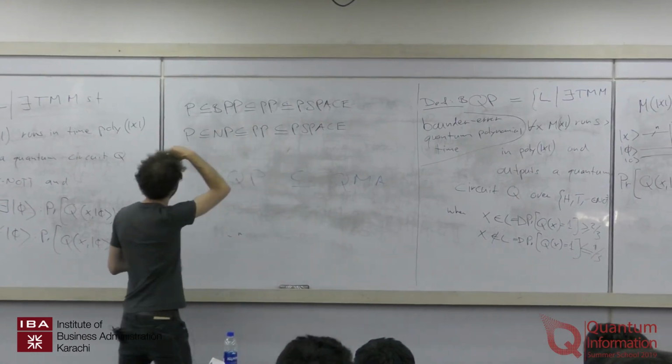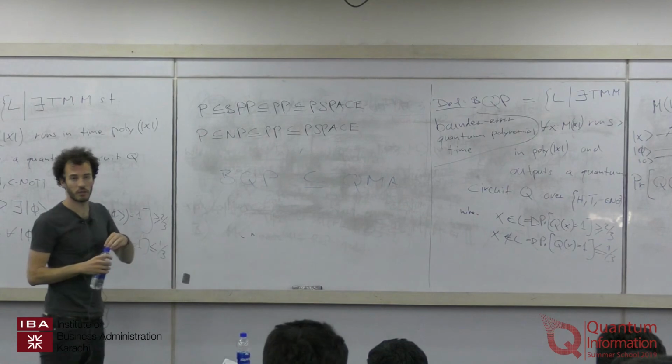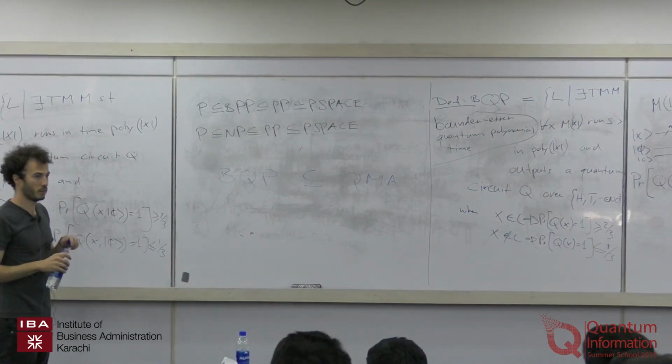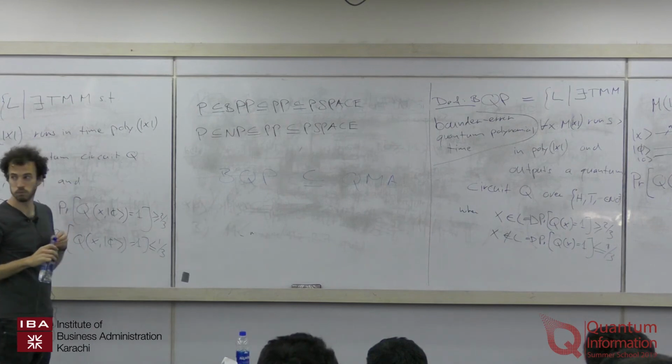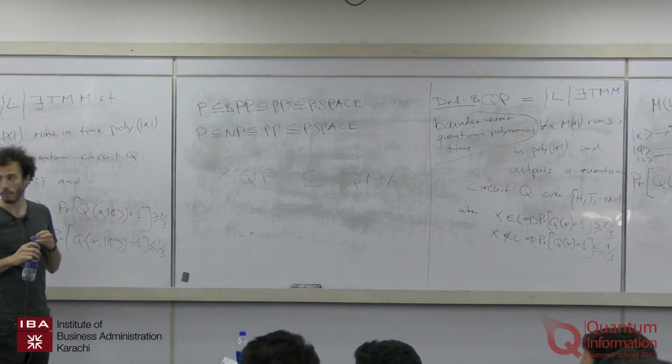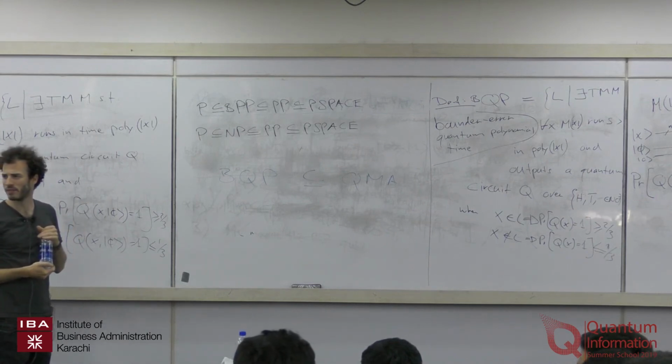Okay, and what about the relation to the classical classes? P would obviously be contained in both, and then BPP would also be contained in BQP, I think.